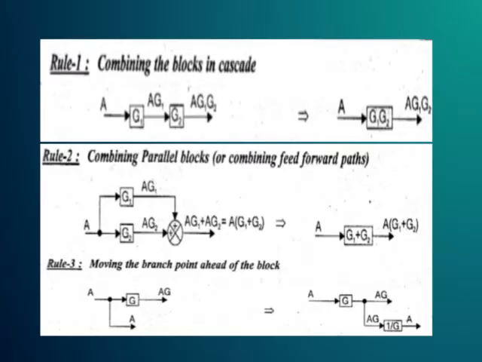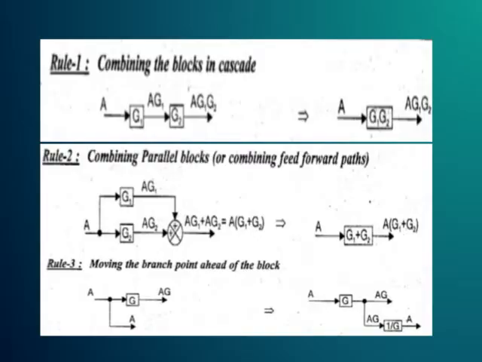When the gain blocks are connected in series as G1 and G2, then we can write it as G1 G2. It means a product of blocks. Here the product of gains should take place.